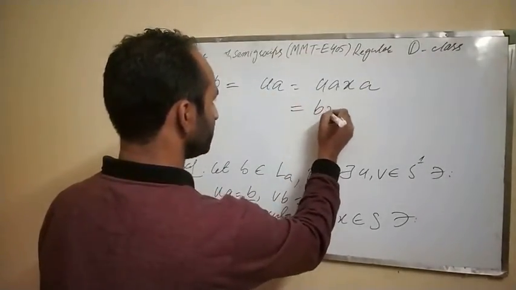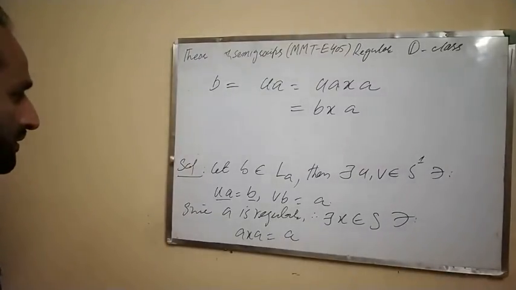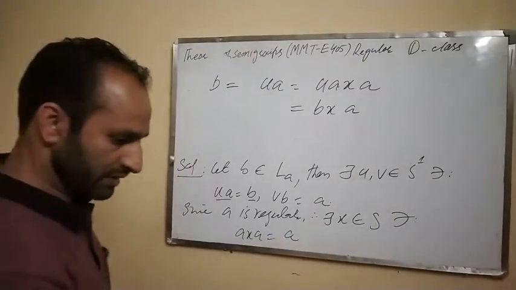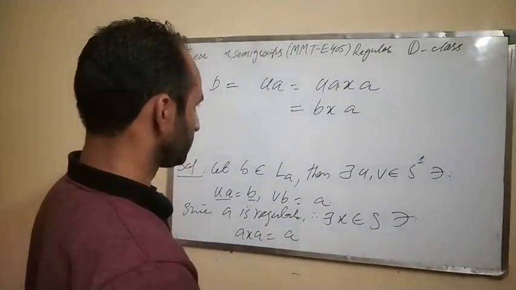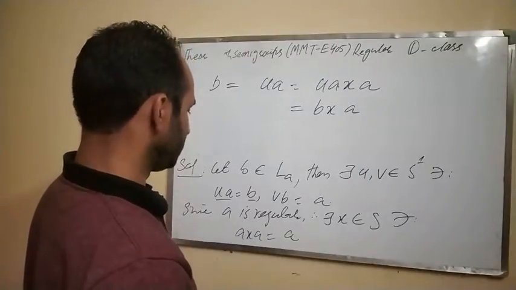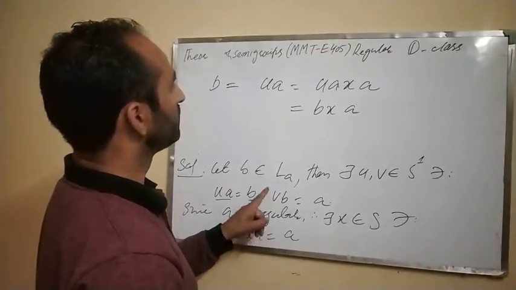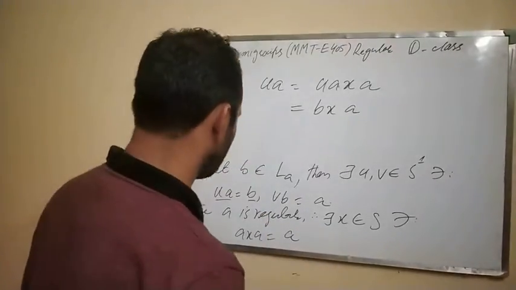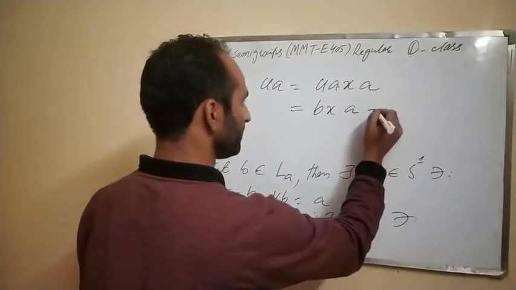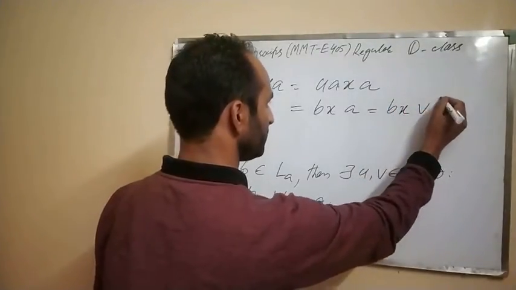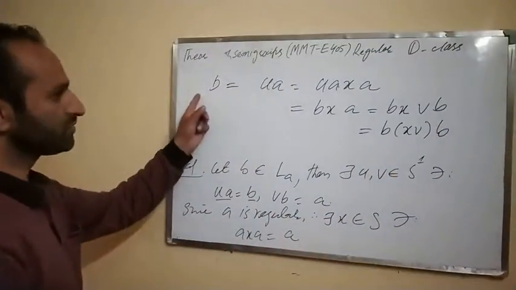It's equal to BXA. I want this B on that side. How can I do this? A is equal to VB. So BXA is equal to BXVB. So B is equal to BXVB.